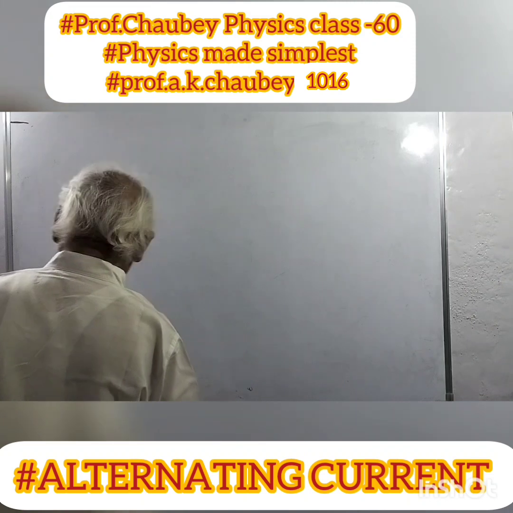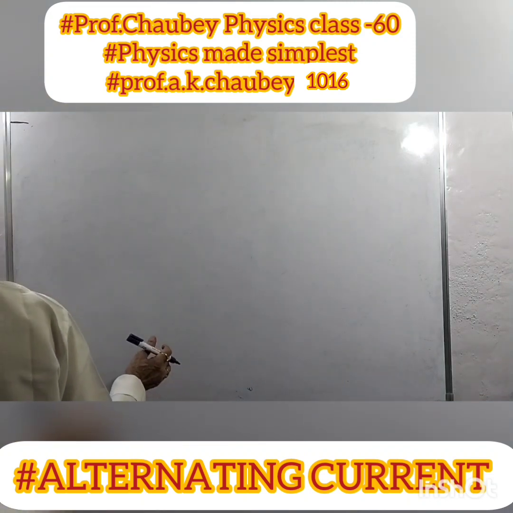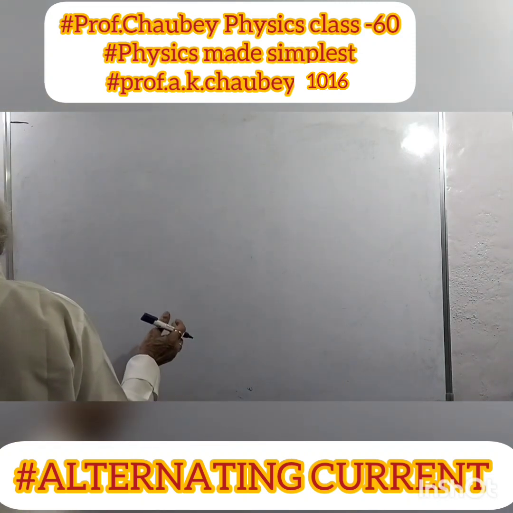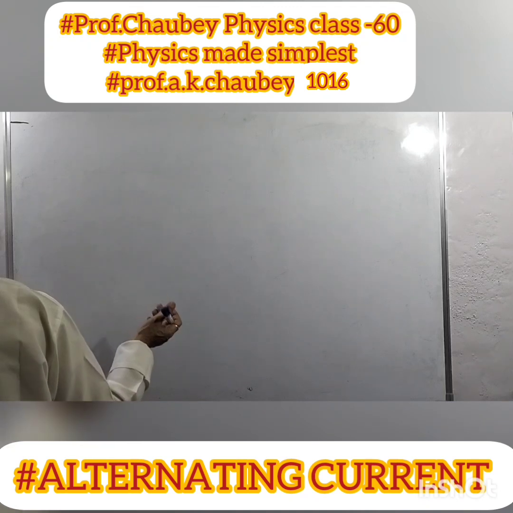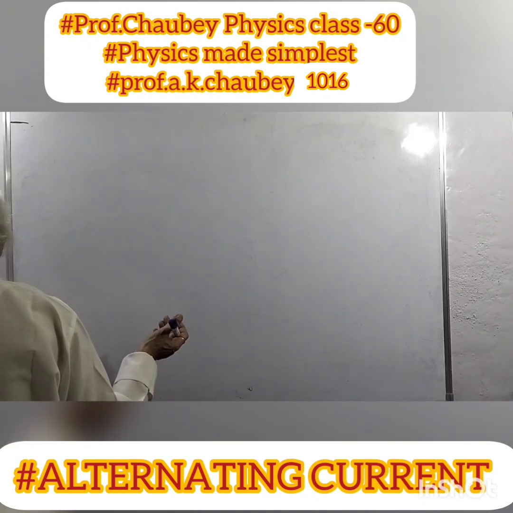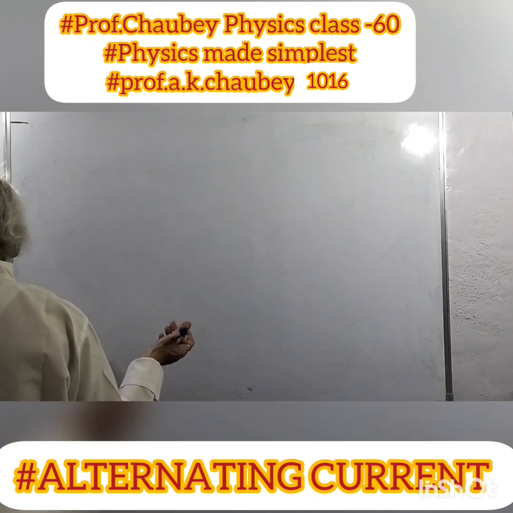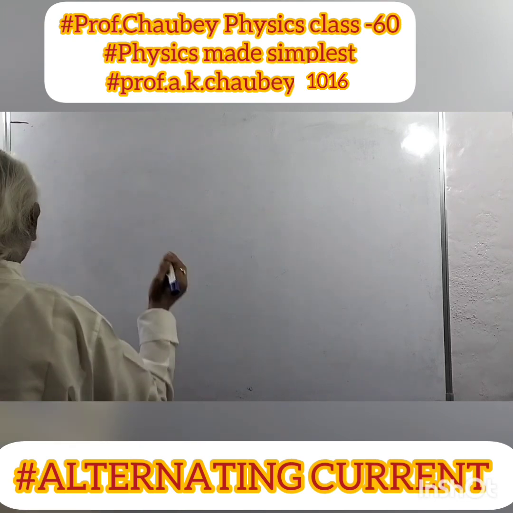as a direct current. So the RMS value of alternating current is that steady current which, when flowing through a given resistance for a given time, produces the same amount of heat.